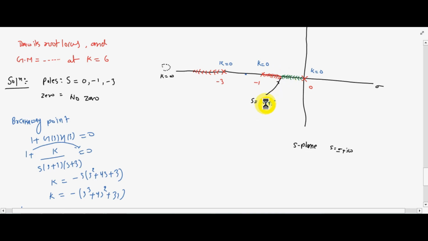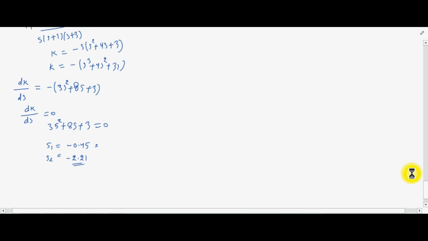So this is the valid breakaway point, but this is the invalid breakaway point, which means we cannot consider this point for further calculation. We only consider this point.